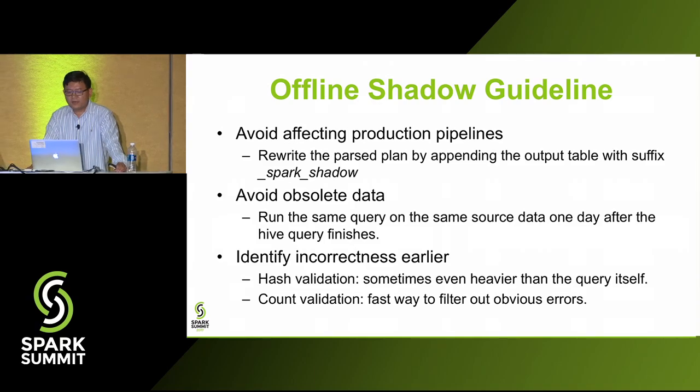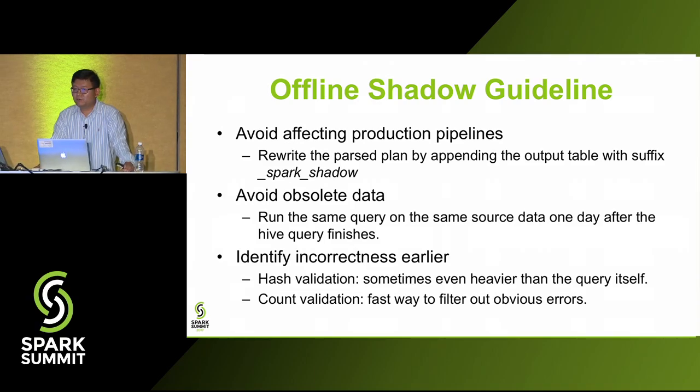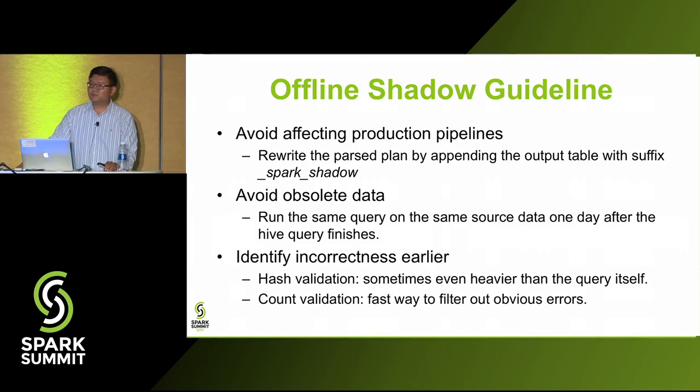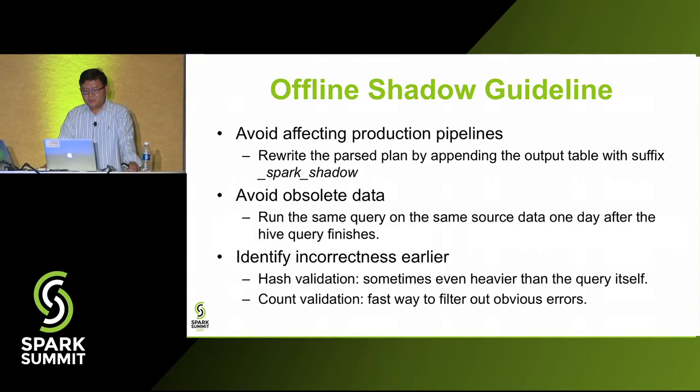We have to avoid absolute data because we have to verify those queries are semantically equal in Spark and Hive. We have to run those queries on the same source data as soon as possible, in practice 1 day after the Hive query, because if we run it too late, the source table may have already changed. The last step is to identify incorrectness earlier.